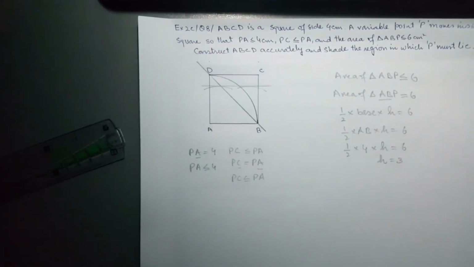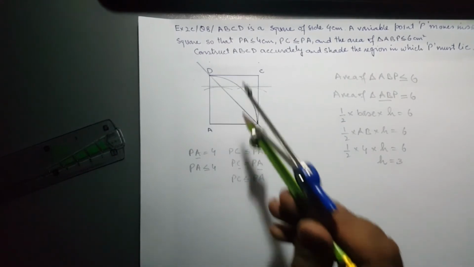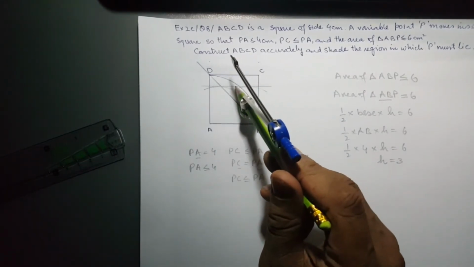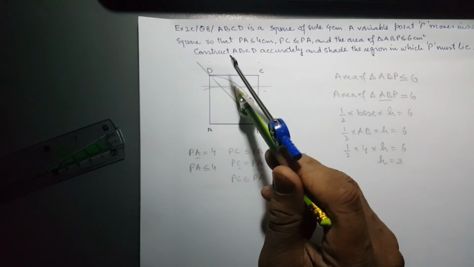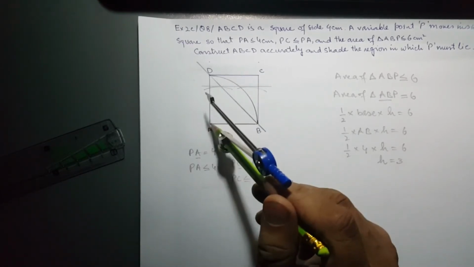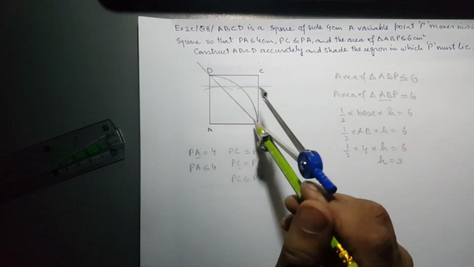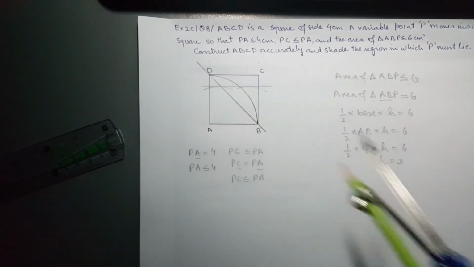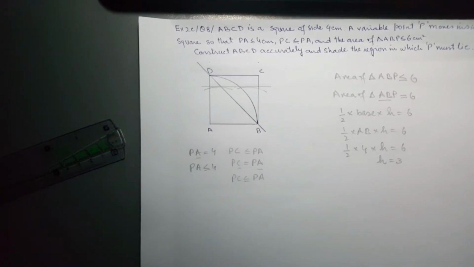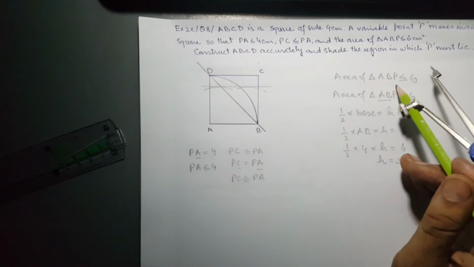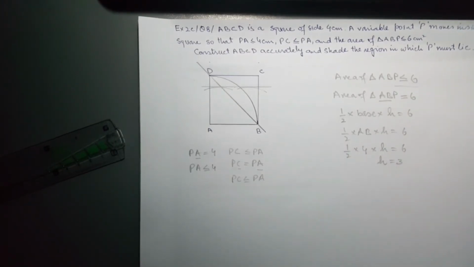Now, if the height is exactly 3 and we take any point on this parallel line, the triangle APB has base 4, height 3, so the area will be 6. But the area should be less than or equal to 6. And if the height is less than 3, then the area will be less than 6.